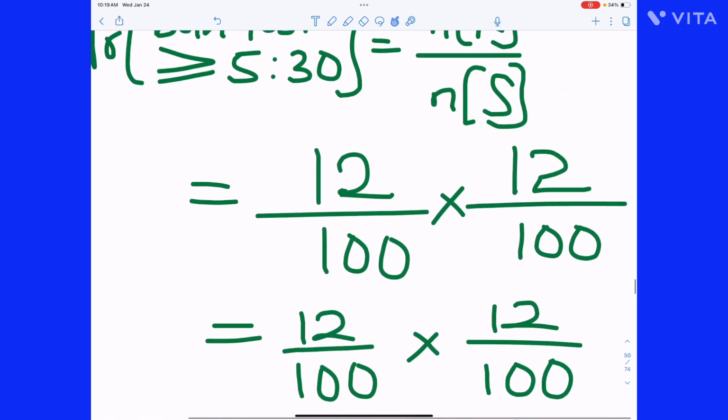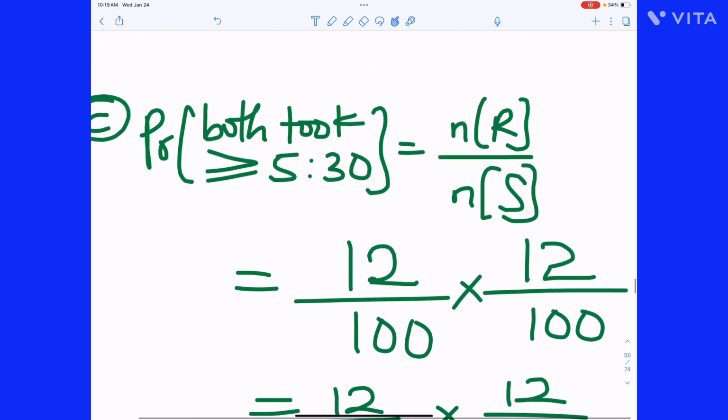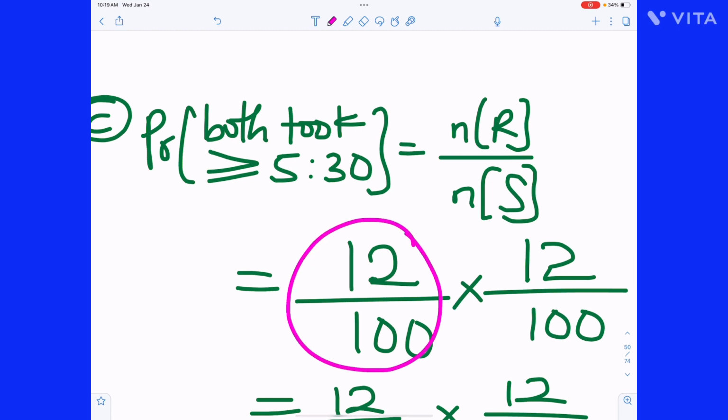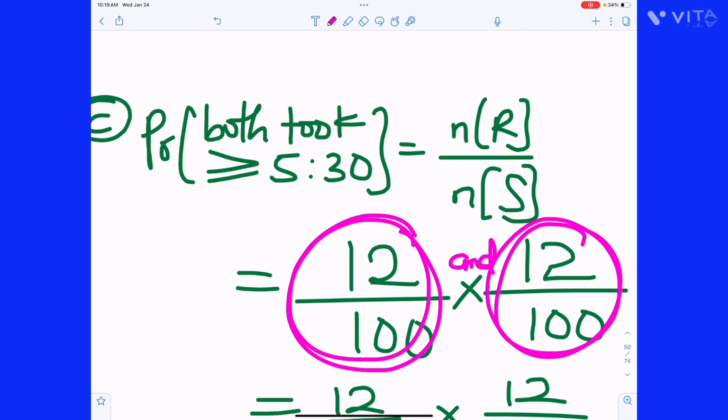So that's 12 over 100 times 12 over 100. This will be the probability that the first student chosen finished in that time and the second student also finished in that time. You understand? The probability that both finish in that time is the probability that the first one finished in that time and the second one also finished in that time.